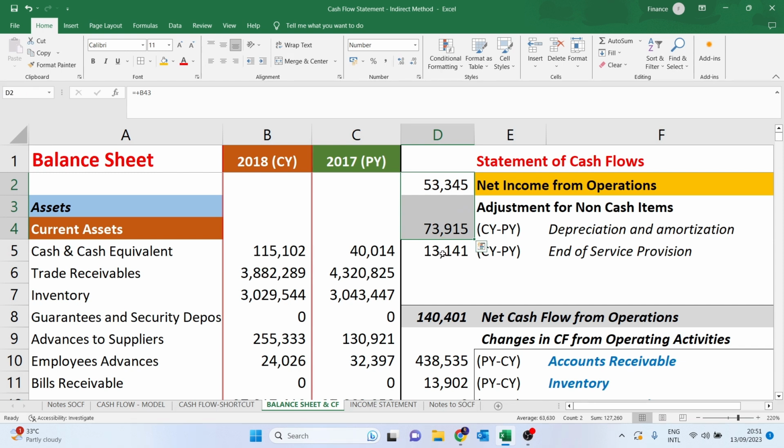In the same way, for end of service, we debit the end of service expense account and credit the provision. Provision is in the balance sheet under liabilities. So we are also adding that back because this amount also decreased the net income. Both of these were removed. So our net income became 140 after removing the non-cash items. That is the first step.